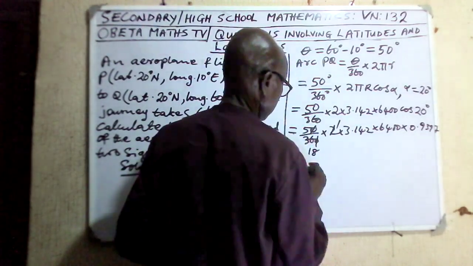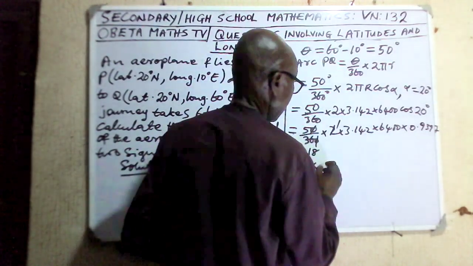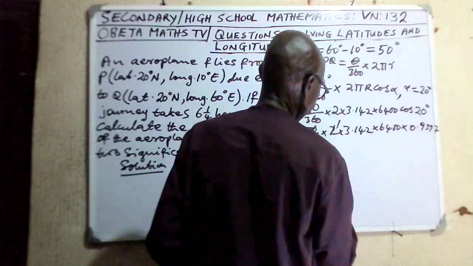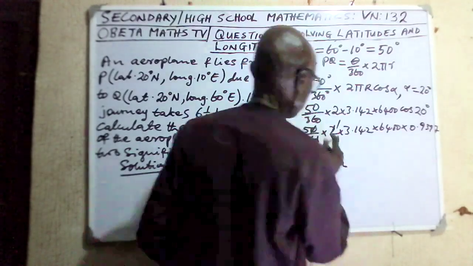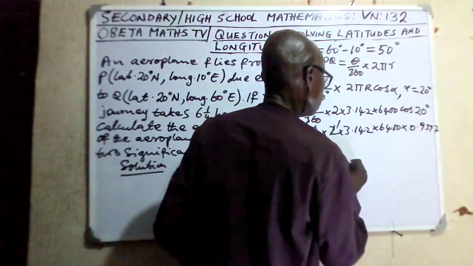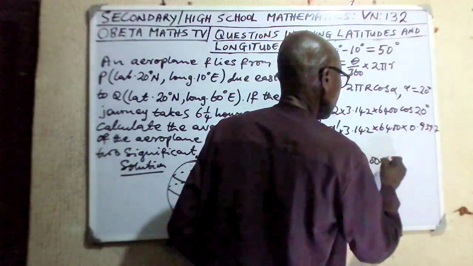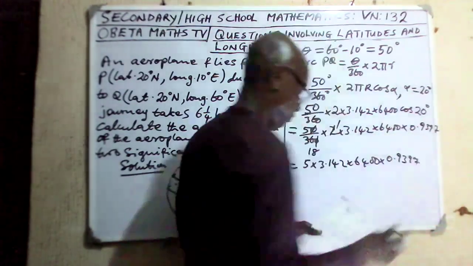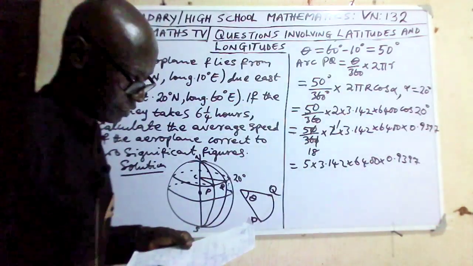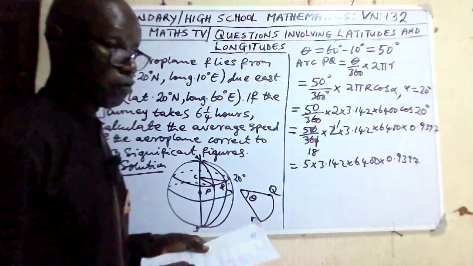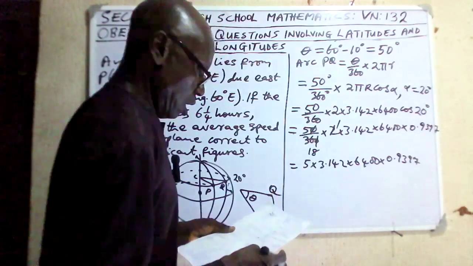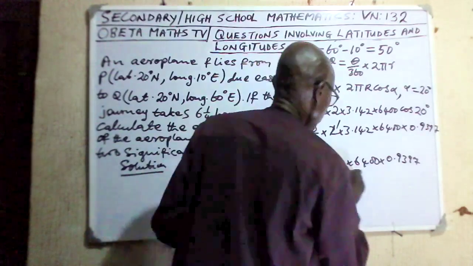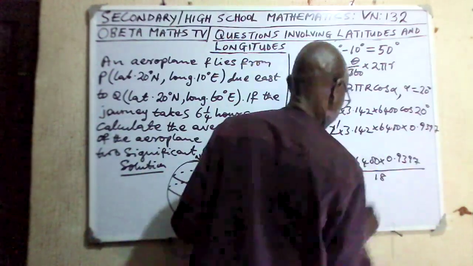So that will give us 5 times 3.142 because we have divided, times 6400 times 0.9397. So moving on, when you multiply, this will be over 18.